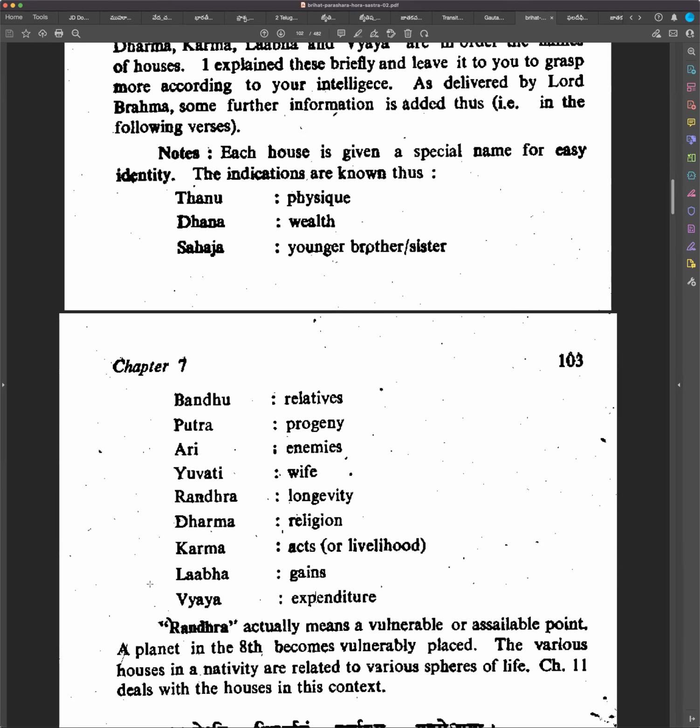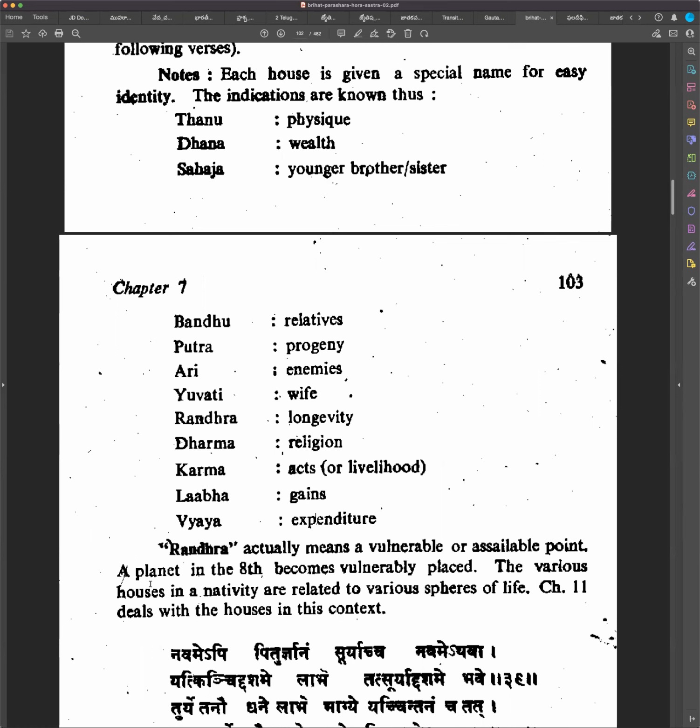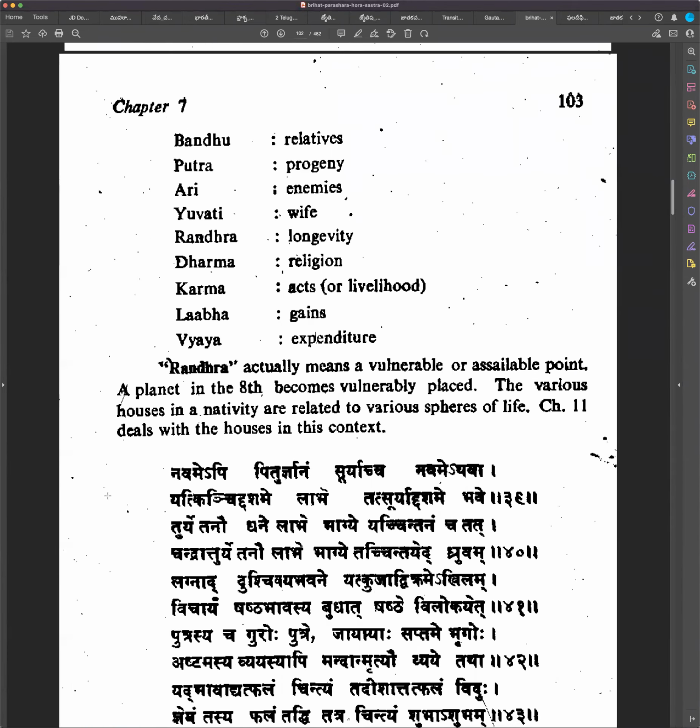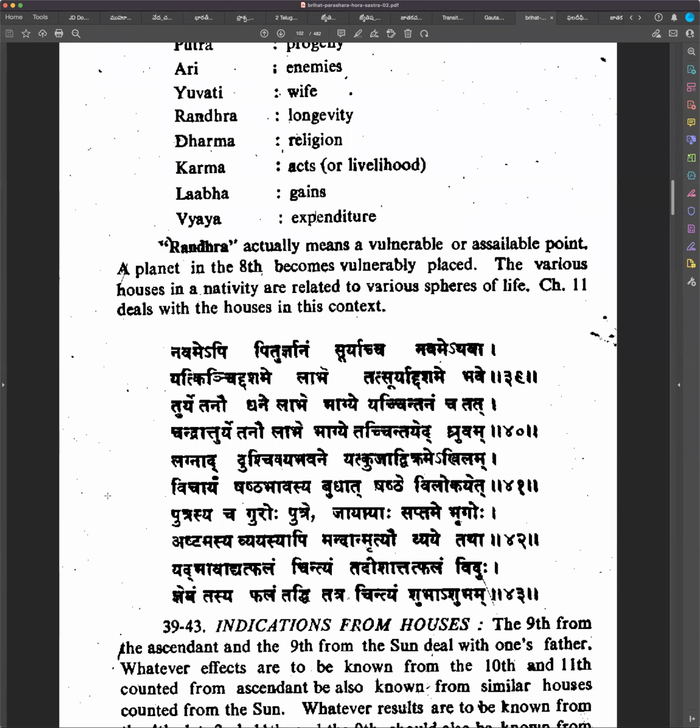Notes: each house is given a special name for easy identity. The indications are: Tanu is physique, Dhana wealth, Sahaja younger brothers and sisters, Bandhu relatives, Putra progeny, Ari enemies, Yuvati wife, Randra longevity, Dharma religion, Karma acts, Labha gains, Vyaya expenditure.